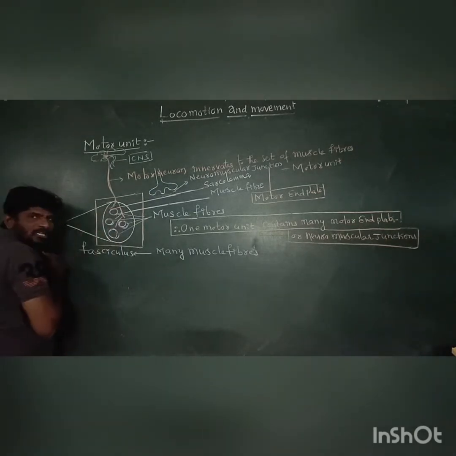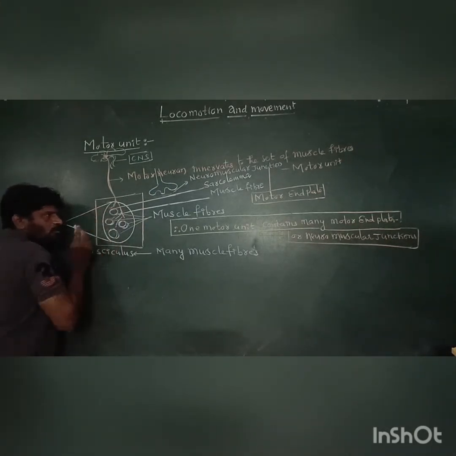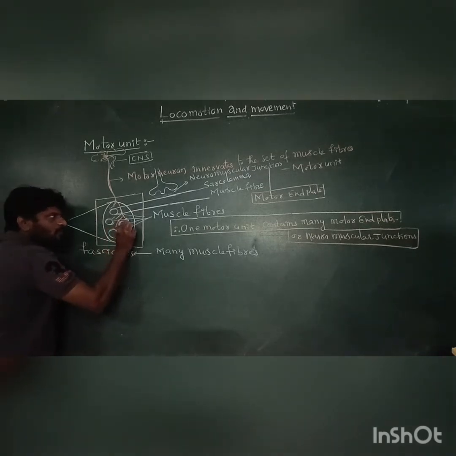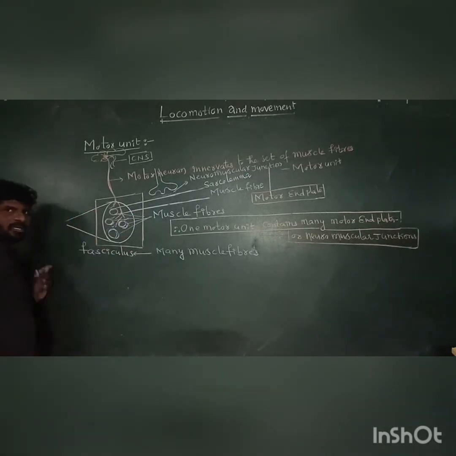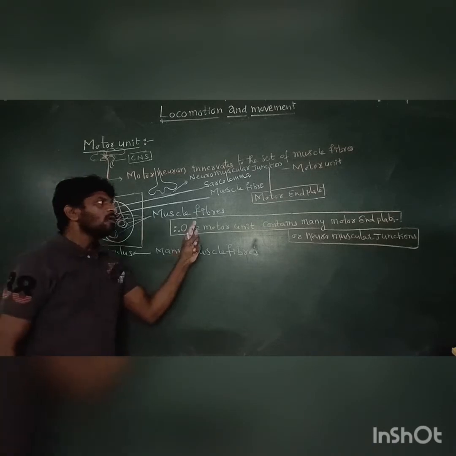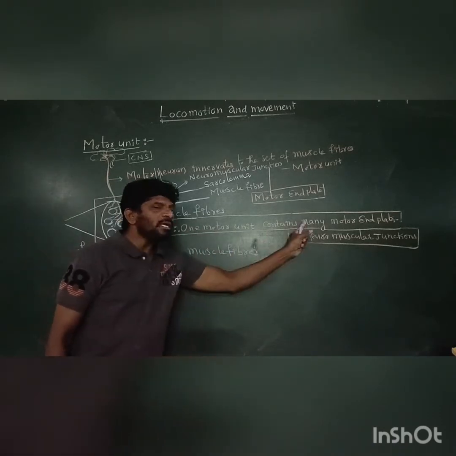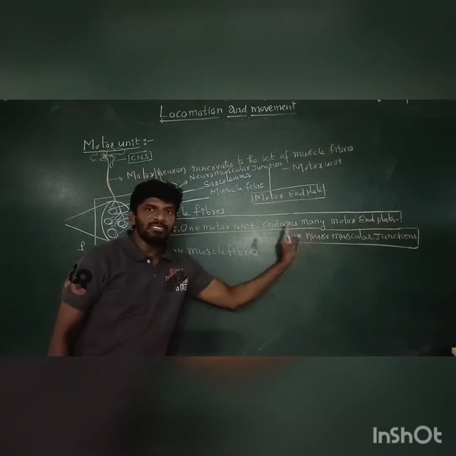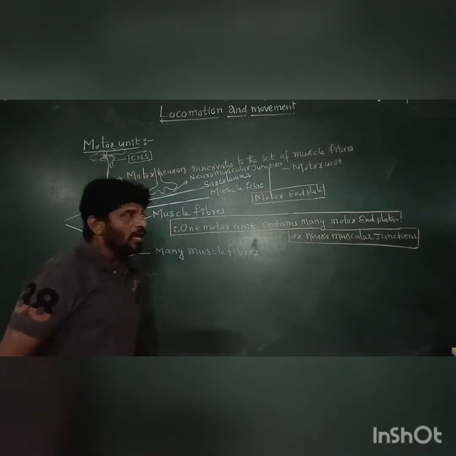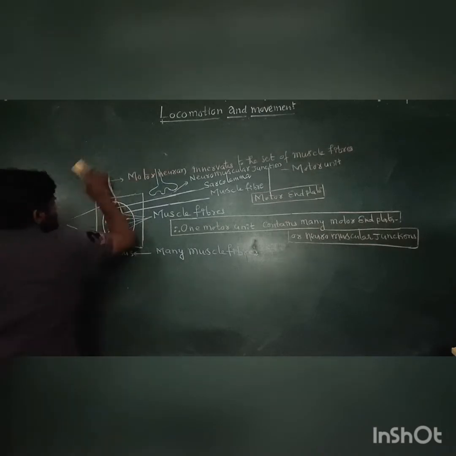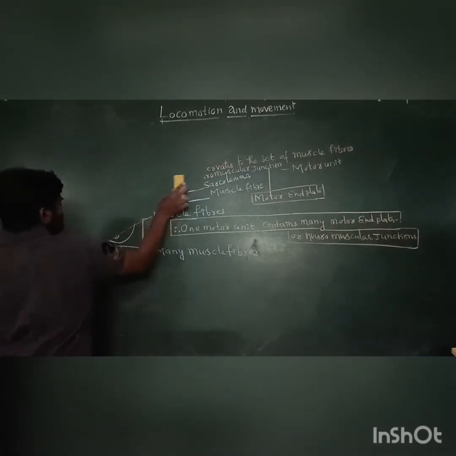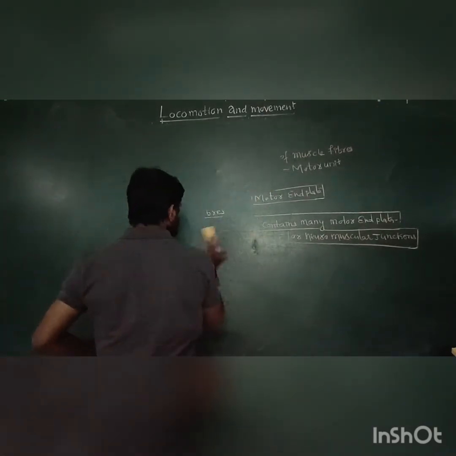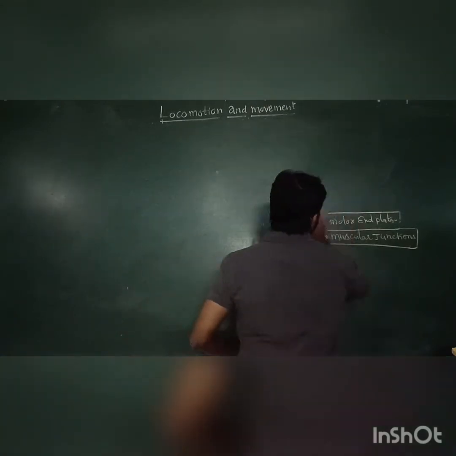The sarcolemma undergoes invagination at the AI junction and forms the T tubule, and this T tubule is flanked on either side by a pair of terminal cisternae. This is one terminal cisterna, and another terminal cisterna.